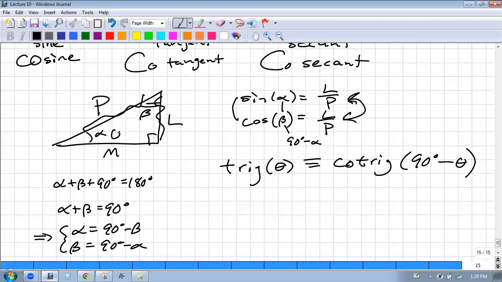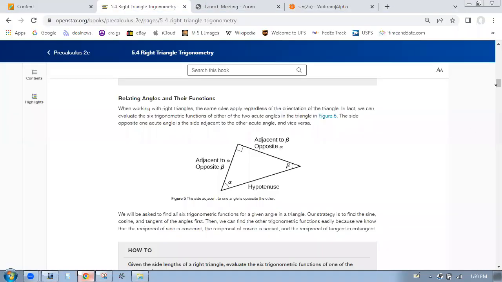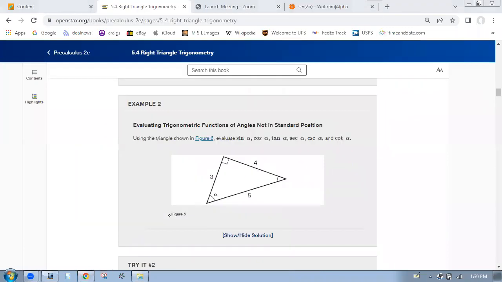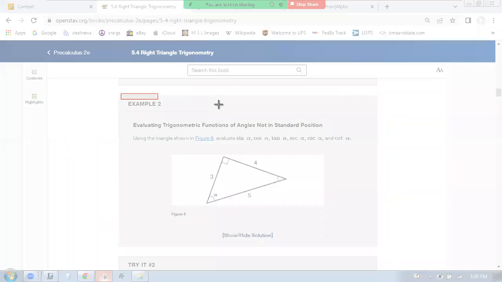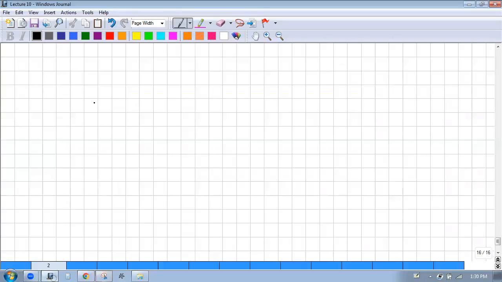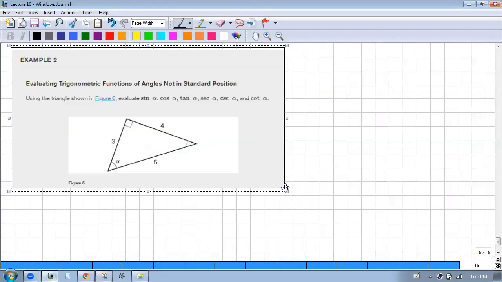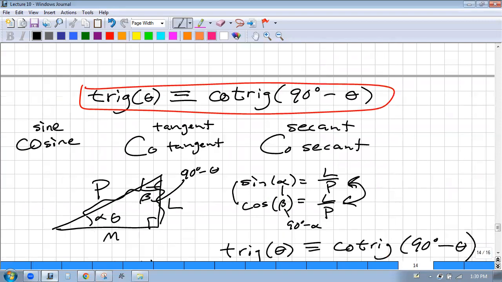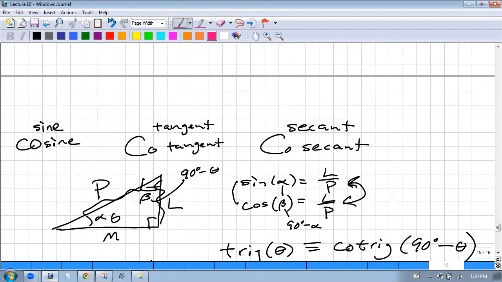So if this is theta, this angle is 90 minus theta, okay? So that's how these cofunctions work. That's the relationship between them. They're cofunctions of one another. So the cofunction of cosecant would be secant, okay?